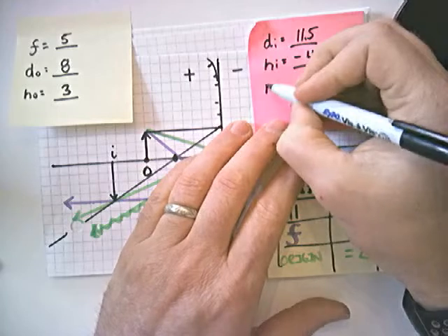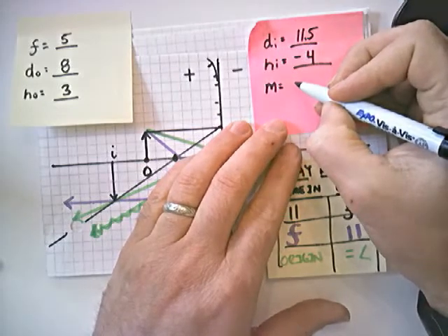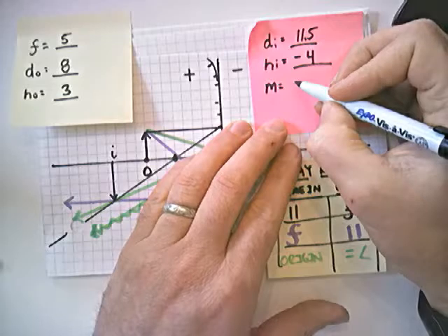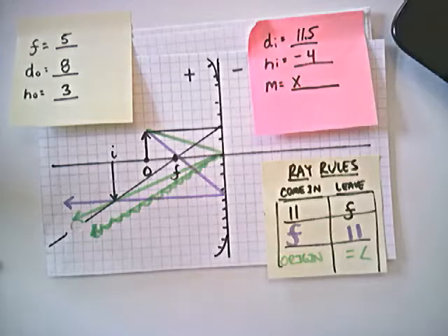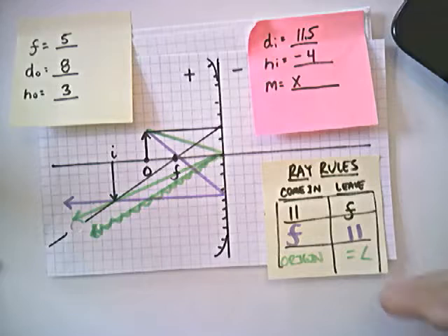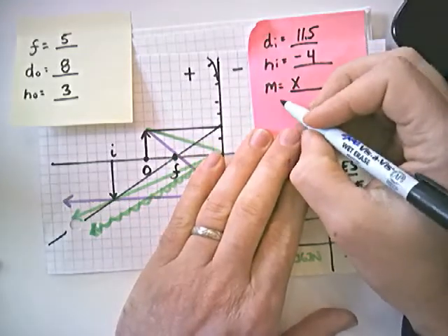And then last but not least, magnification. Now magnification, like on binoculars or prescriptions for your glasses, is always expressed as a multiplier. So don't think like we're solving for x here, it's just times whatever. And if the number is bigger than 1, that means it's enlarged, and if the number is less than 1, that means it's reduced. What we do to figure this out is we just compare our heights.